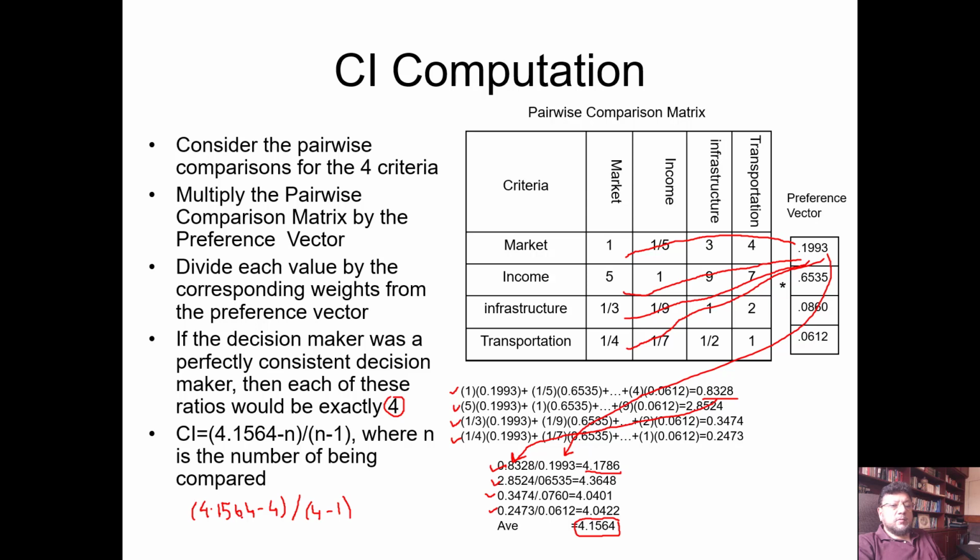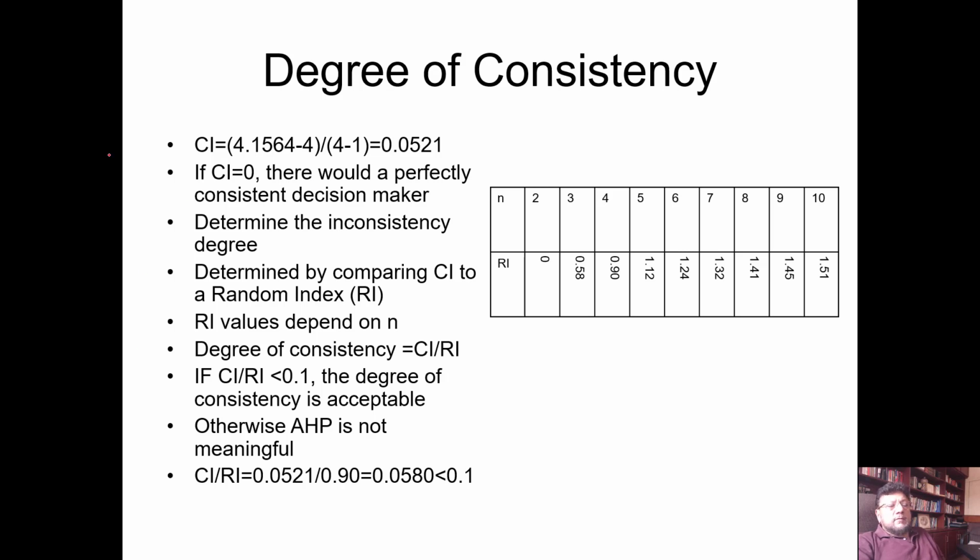That should give you the consistency index. So here we've done the calculation, and we have a score of 0.0521. Now if this was 0, then we would say that we have a perfect comparison. But you're unlikely to see a 0.